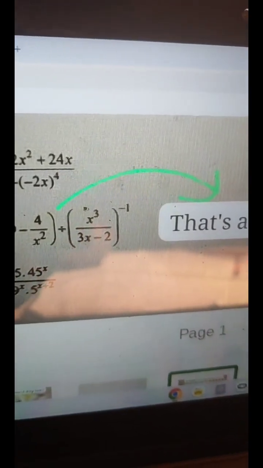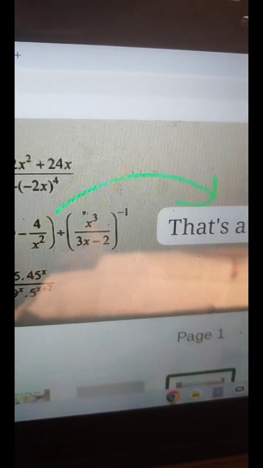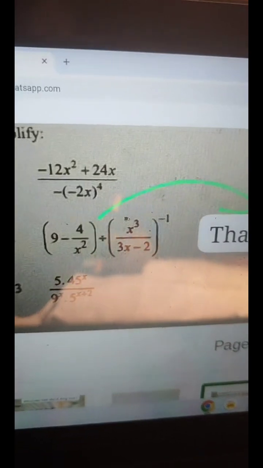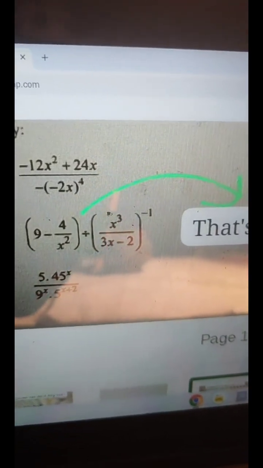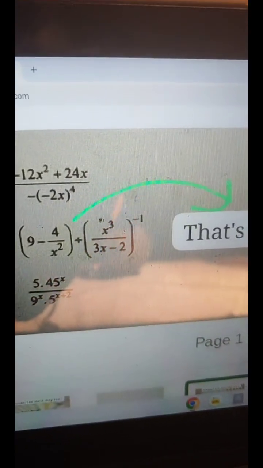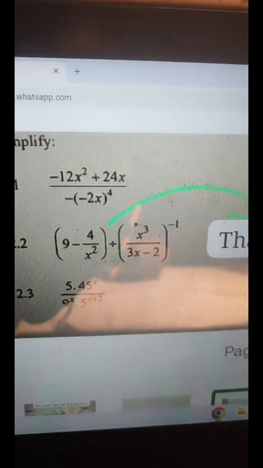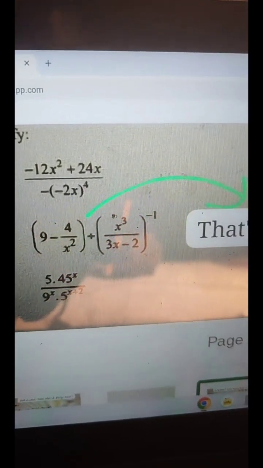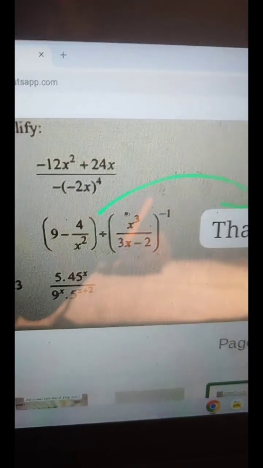Negative 12x squared plus 24x over negative into negative 2x all raised to the power 4. We are asked to simplify.